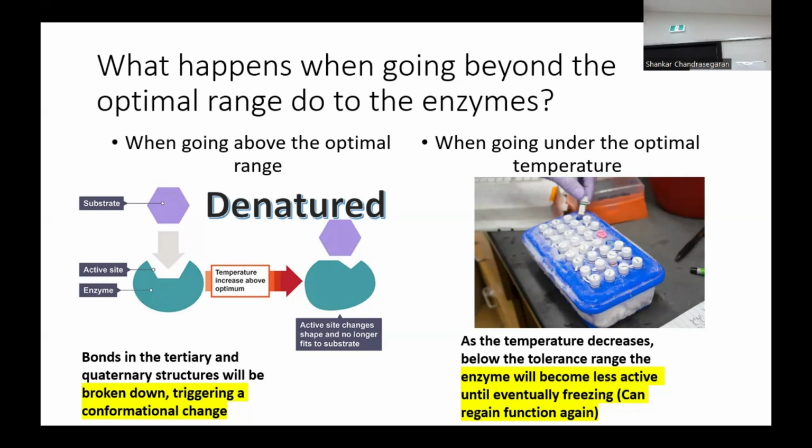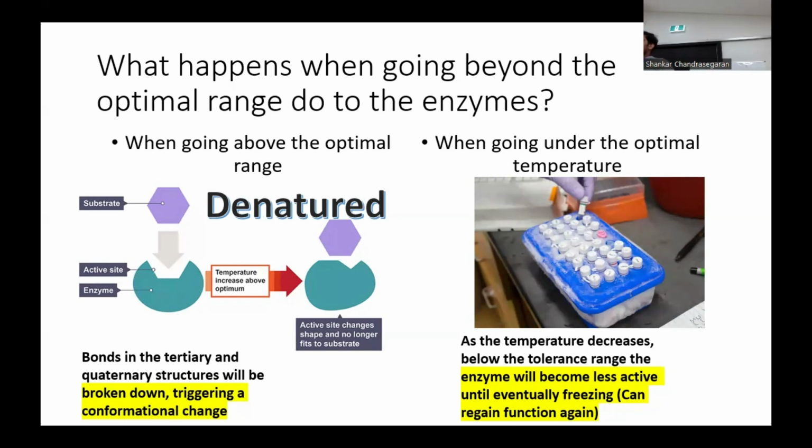It can't carry out its function because the enzyme has been frozen. So it is still able to survive if you heat it up, but then again, it becomes less active until eventually freezing, and it can regain its function again.